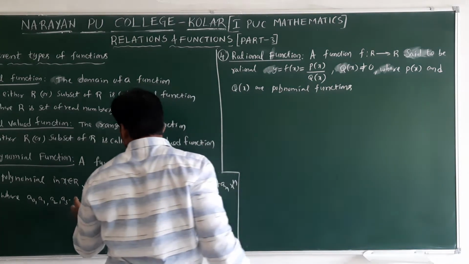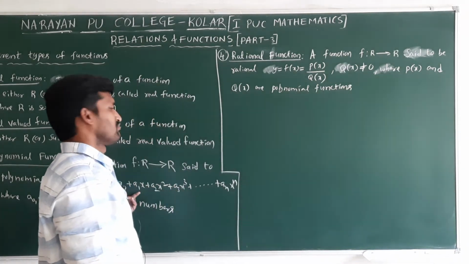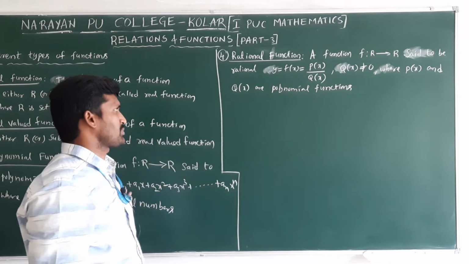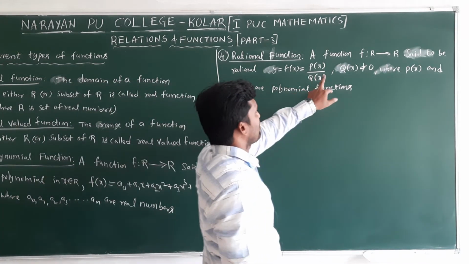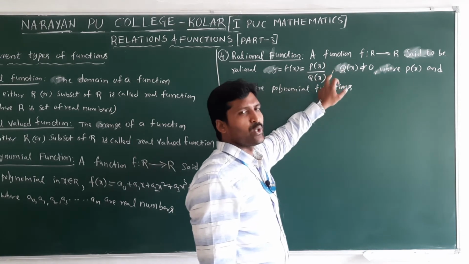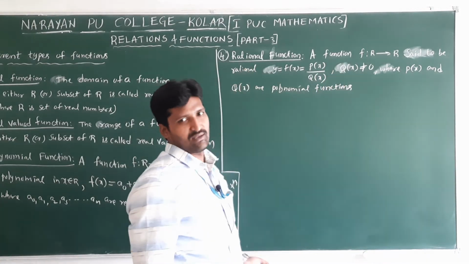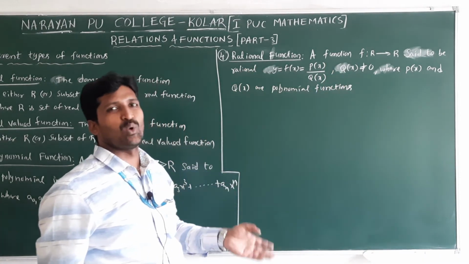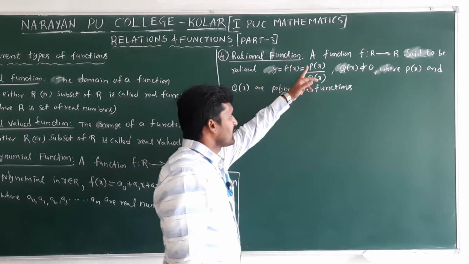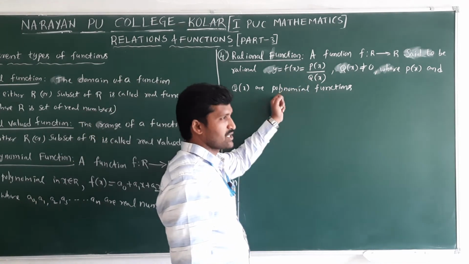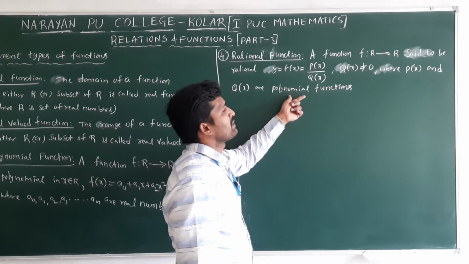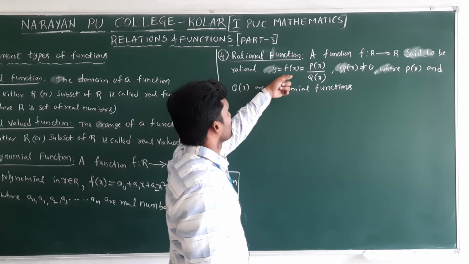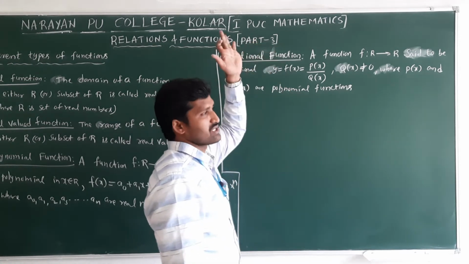That can be of any degree, 1, linear expression, 2, like that any expression you can take, but that function is in the form of which one? P of x by q of x, already a rational number, p by q form, where p and q are integers. Here p of x by q of x, where p of x and q of x are which functions? Polynomial functions. Such a type of function we call a rational function.